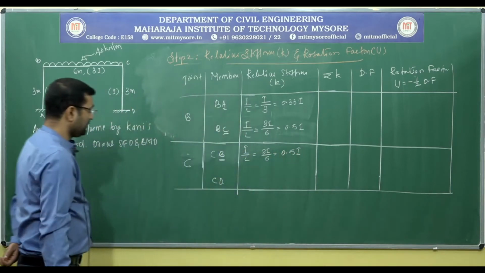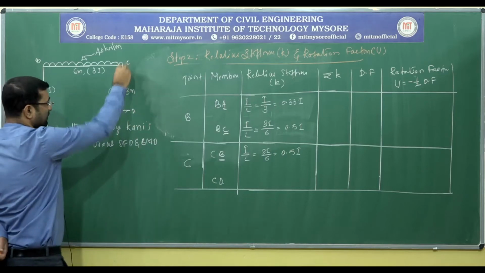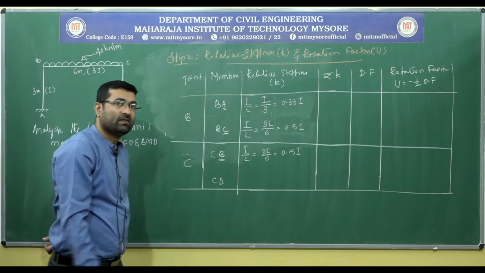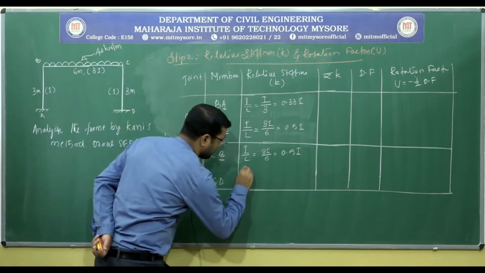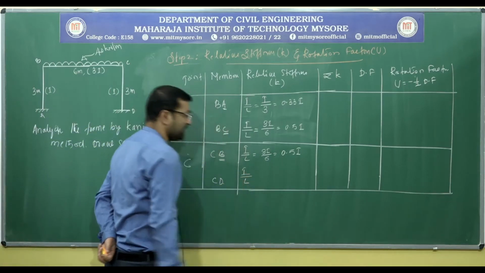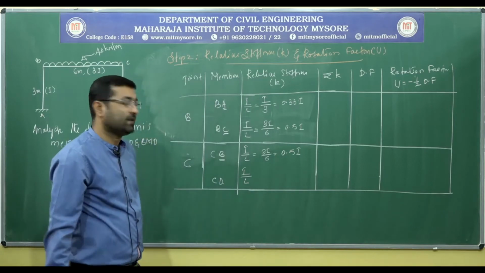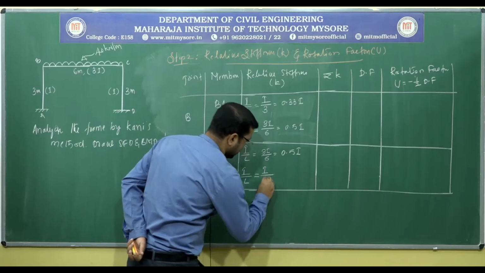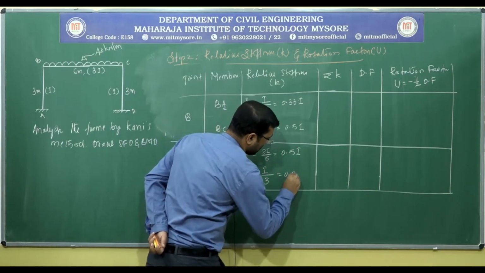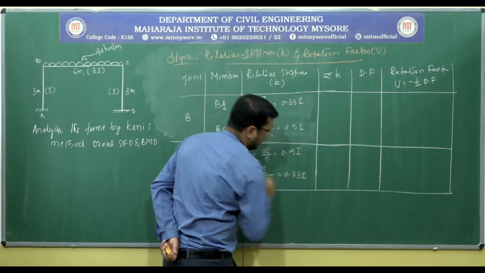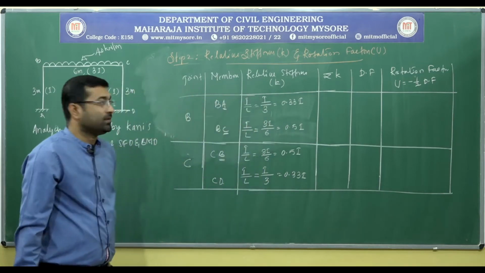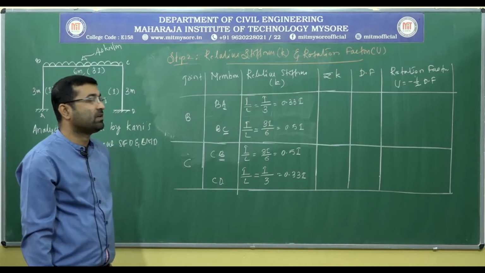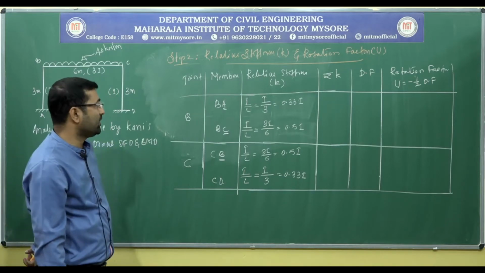And lastly for member CD, C is the near end and D is the far end. Here the far end is fixed, so the relative stiffness is I by L. Here I value is I, L is 3 meter, so this is also 0.33 I. Once we estimate the relative stiffness, next we need to estimate the total stiffness at any joint.